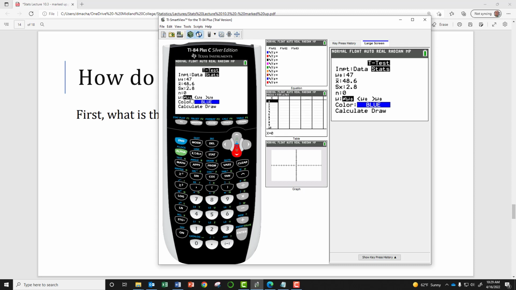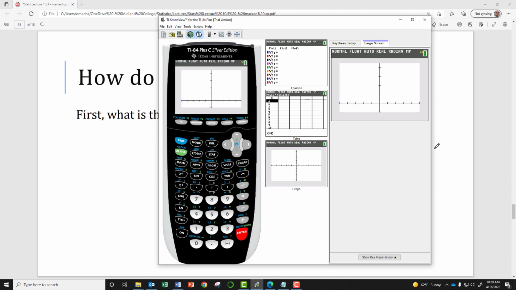And the n value, my sample size, was 20. What type are we doing? Well, we were doing a right-tailed test because my alternative hypothesis was that the average height was greater than 47, so I select the one that says greater than mu naught. And then, like I said before, the calculate button doesn't really tell me a whole lot more than the draw button does, and so let me just click the draw button.